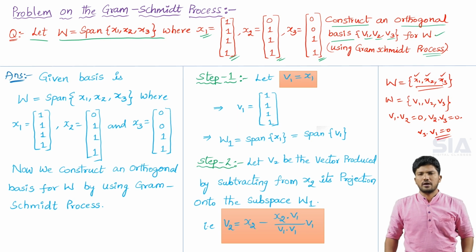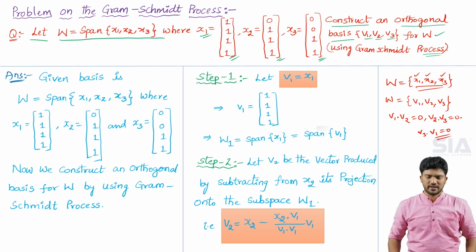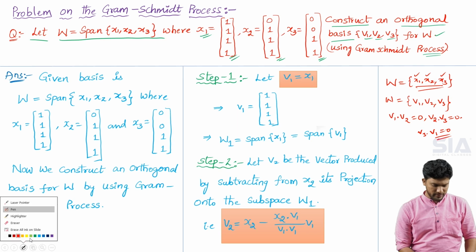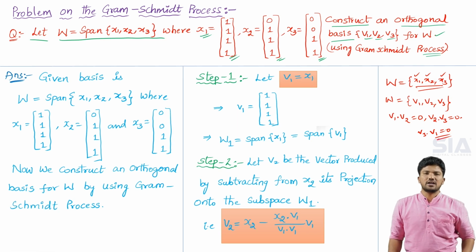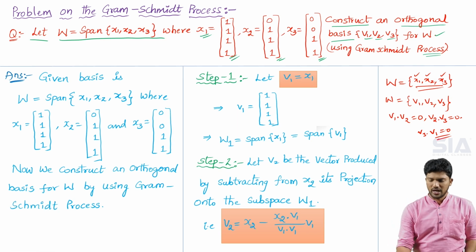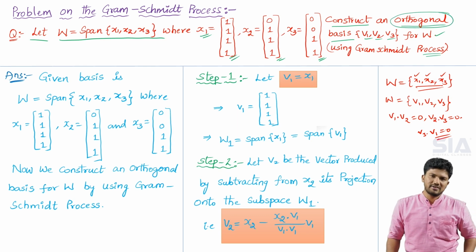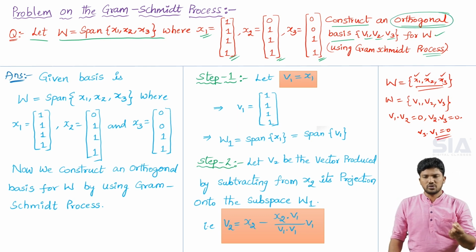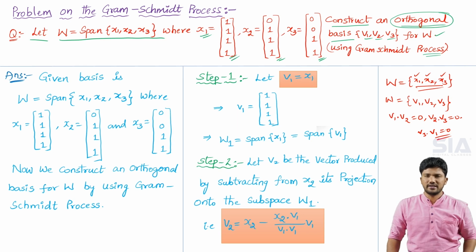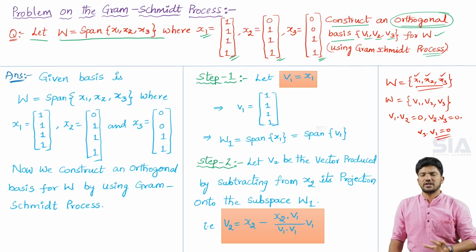If you apply the inner product to them, we have to get the zero value. Then only that set is called an orthogonal set. So our aim is to prove that the product value is equal to 0 only. For orthonormal, the next extra step is to find the unit vectors.